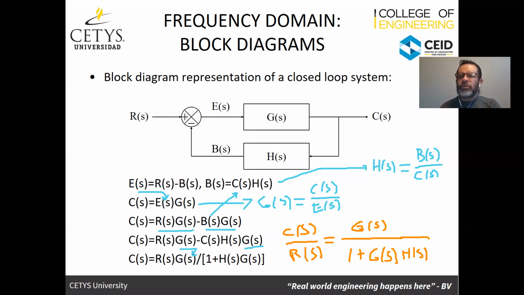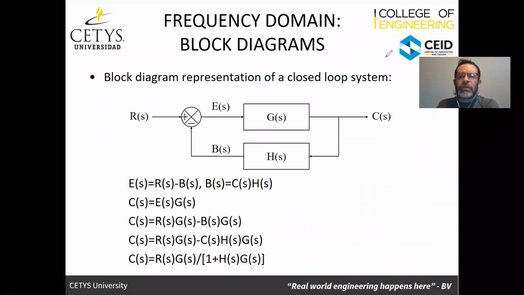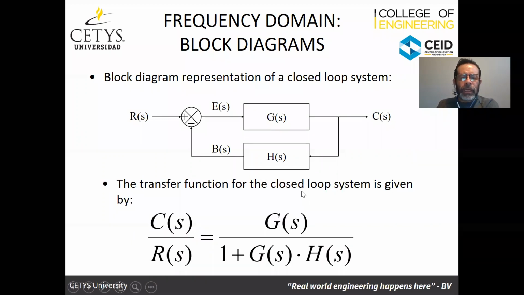And this is going to be a very useful expression that we're going to be using a lot moving forward. However, there are actually already defined functions in Matlab that do this. So we won't even need to do this manually. We can have this automated using the software. And in the end, the transfer function for the closed loop system is given by this expression that we have here.